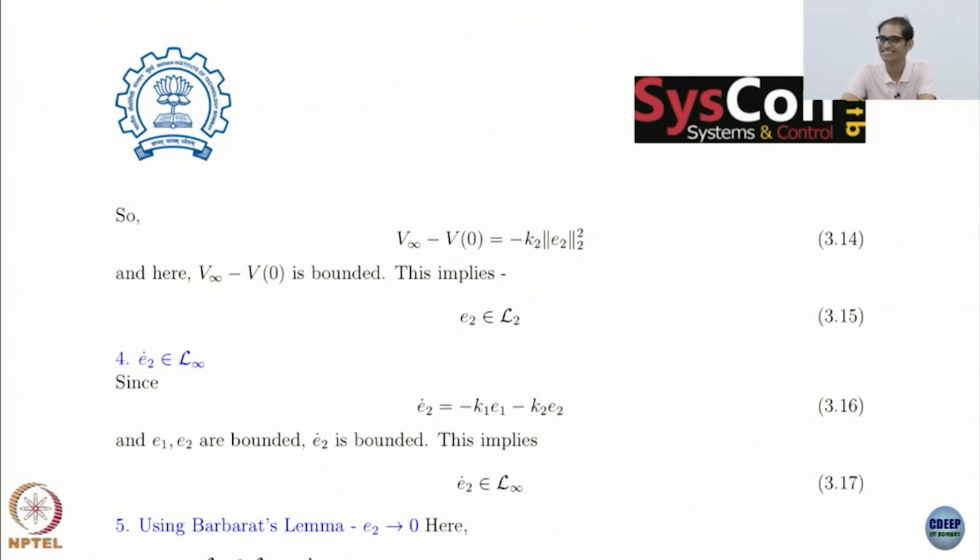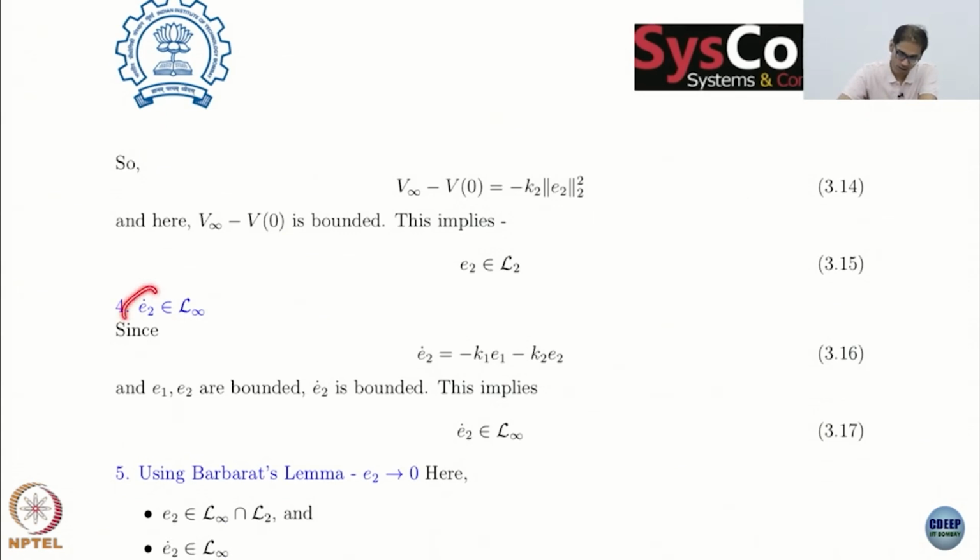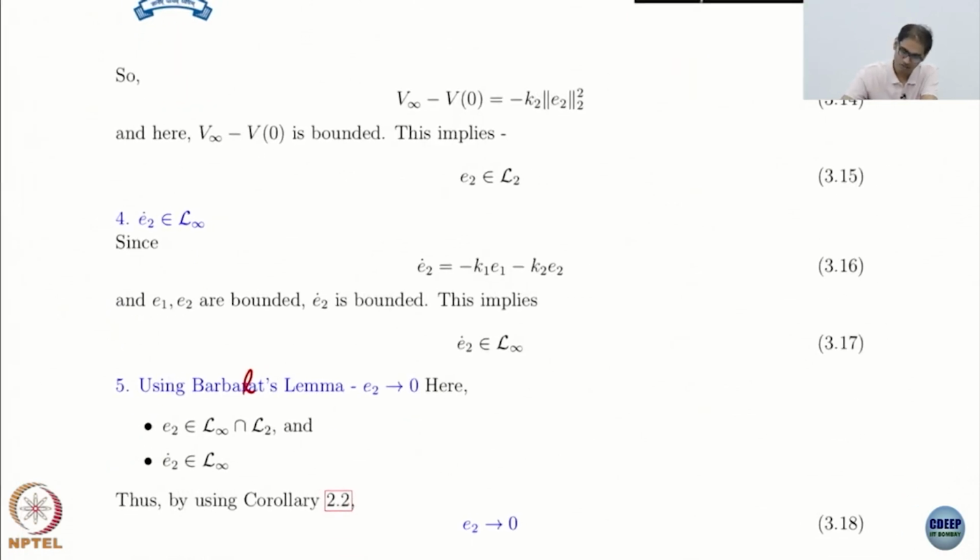Step 4, E2 dot is also bounded. What is E2 dot? This. I already proved E1 and E2 are bounded, and K1 and K2 are constants, so obviously this is bounded. So E2 dot is bounded. I can now use Barbalat's lemma, the corollary. Why?